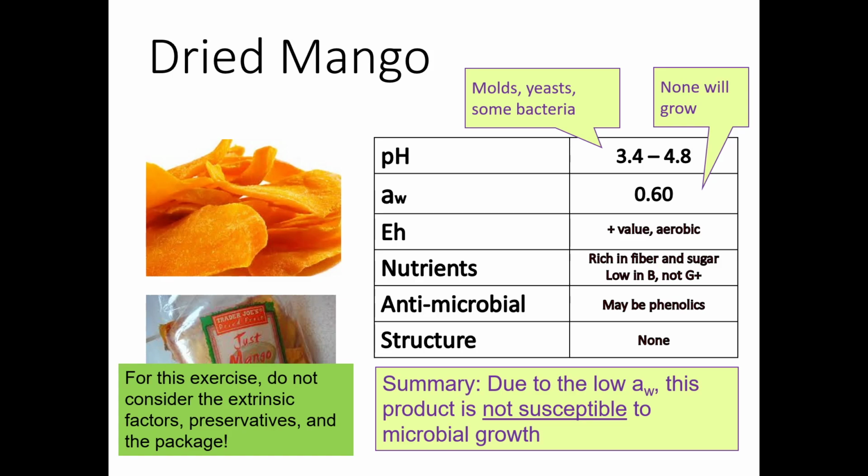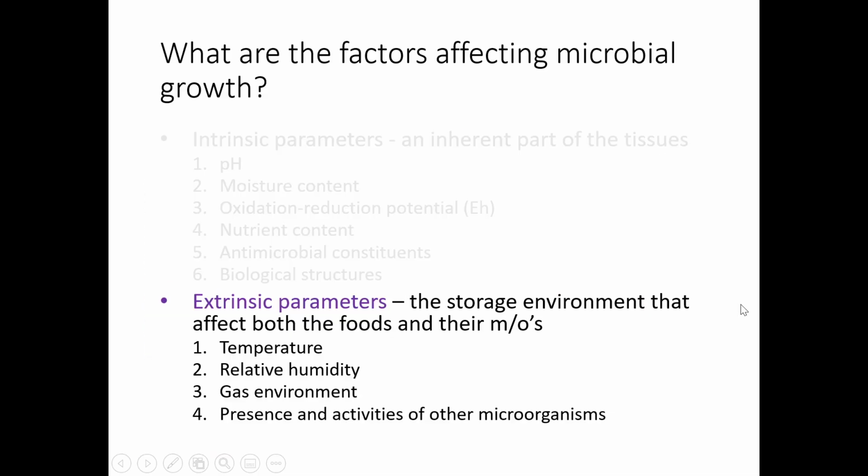It's aerobic. The nutrients, which are going to be rich in fiber and sugar, but it's going to be low in vitamin B, so it's going to not allow the growth of gram-positive. And then for antimicrobial, there may be phenolics because of it being a fruit, right? And then structure, with this product, there's not going to be any skin on it or anything, so there's no structure protecting it. So these are all going to be things that you can talk about for your food product.